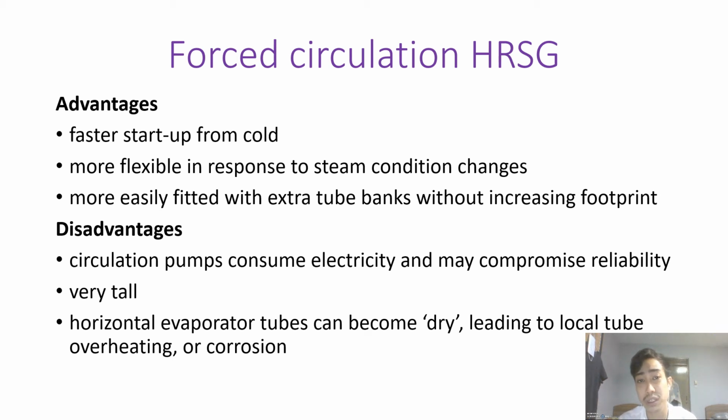Therefore, maintenance work to be done at the top of the boiler would be difficult. And because forced circulation uses horizontal evaporator tubes, the tubes could become dry, leading to local tube overheating or corrosion. Therefore, inspections need to be done frequently to avoid this problem.